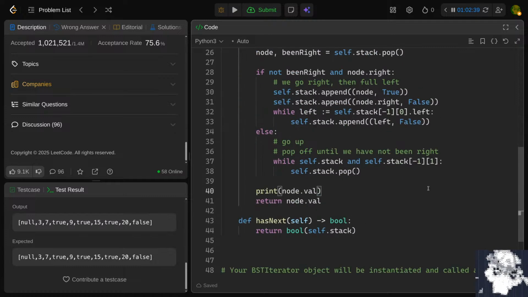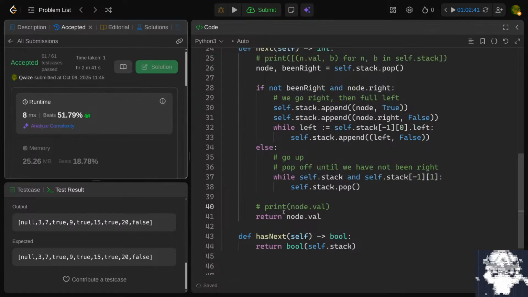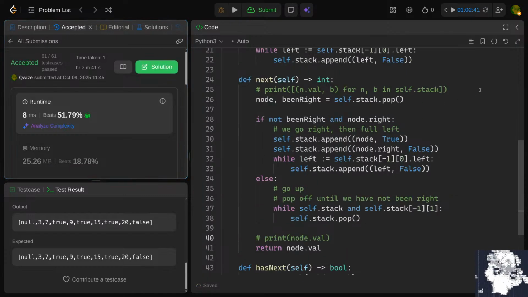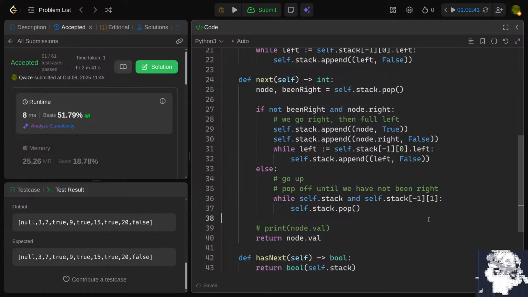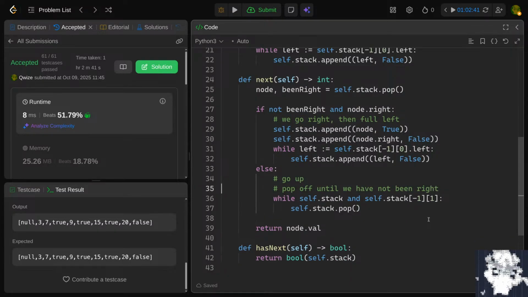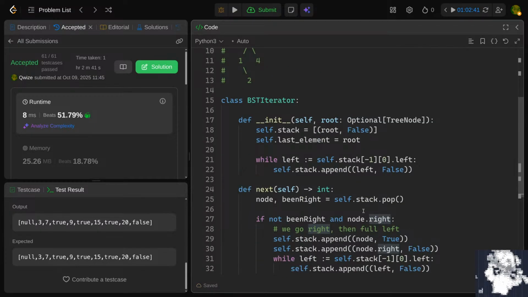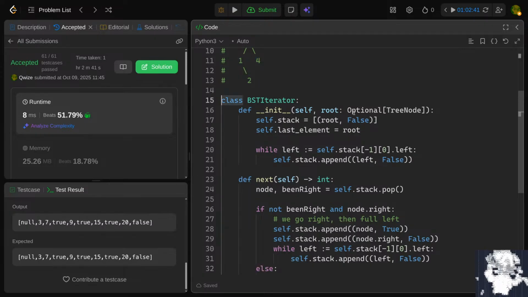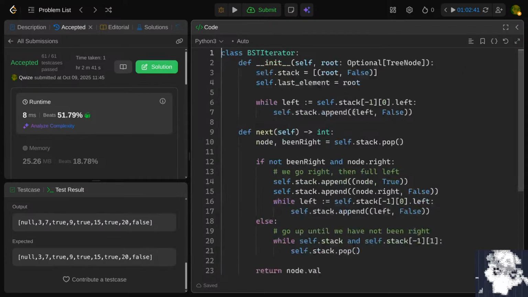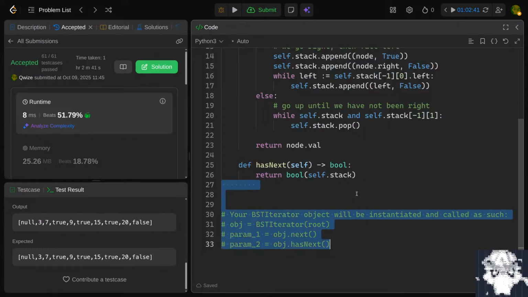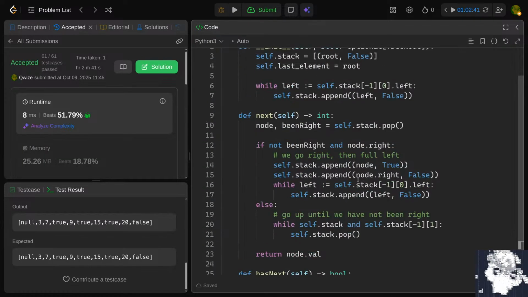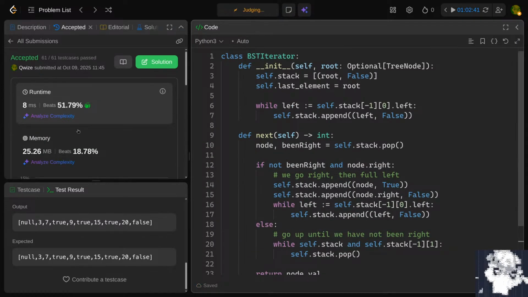Alright, remove our print statements and submit. Ta-da! Okay, pretty cool.